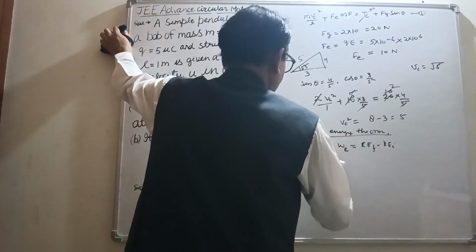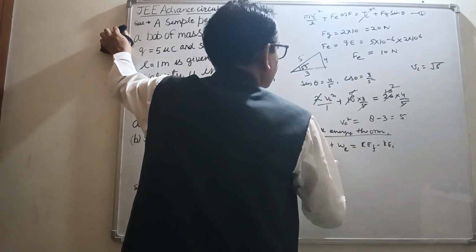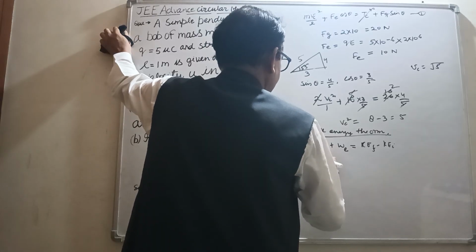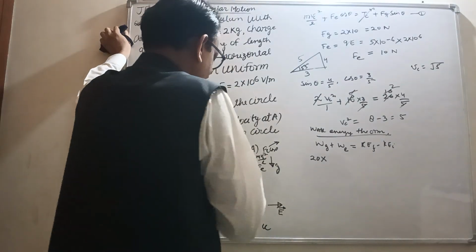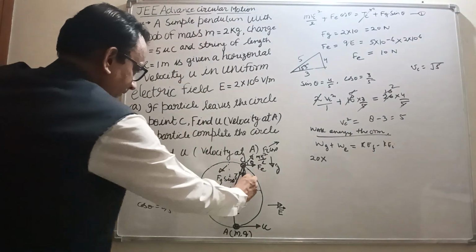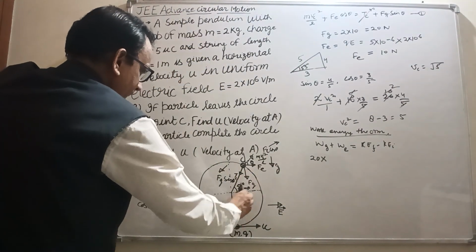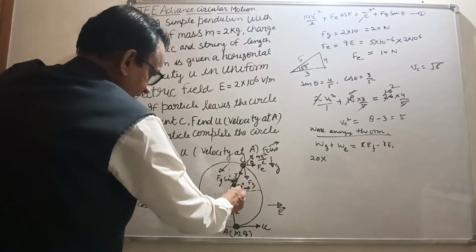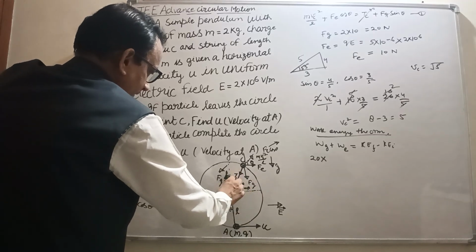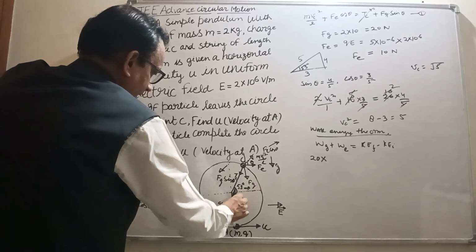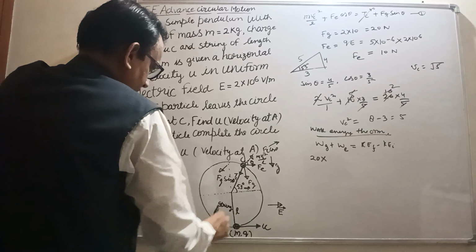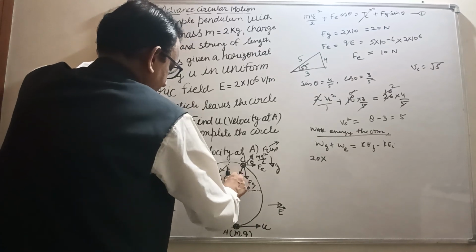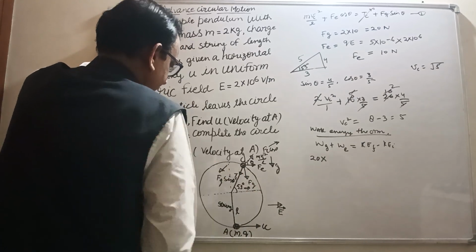Work done by gravity would be gravitational force, which is 20, into displacement. What would be the displacement? This would be L, this would be L, and this is theta. So this distance we require here. So this becomes L sin theta.